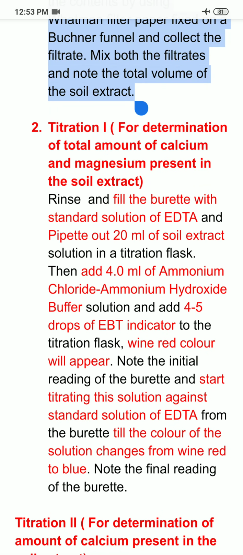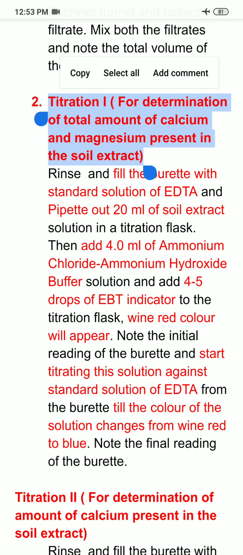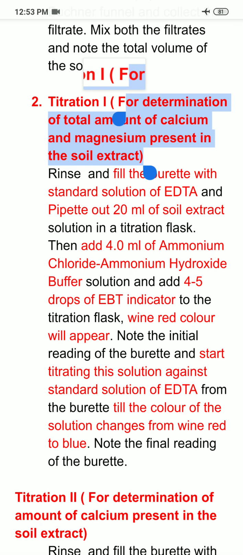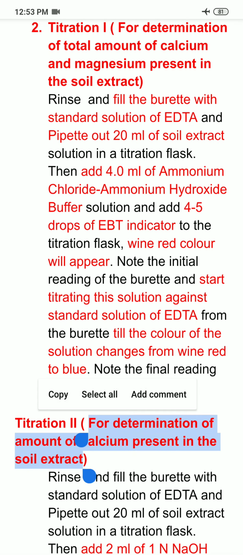Next is the determination of calcium and magnesium. As I told you, we will need to do 2 titrations. The first is for the determination of the total amount of calcium and magnesium present in the soil extract, and the second is to determine the amount of only calcium present in the soil, not the magnesium.